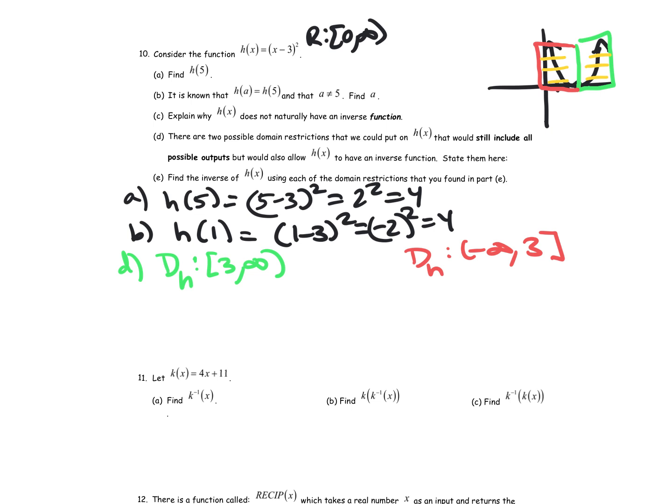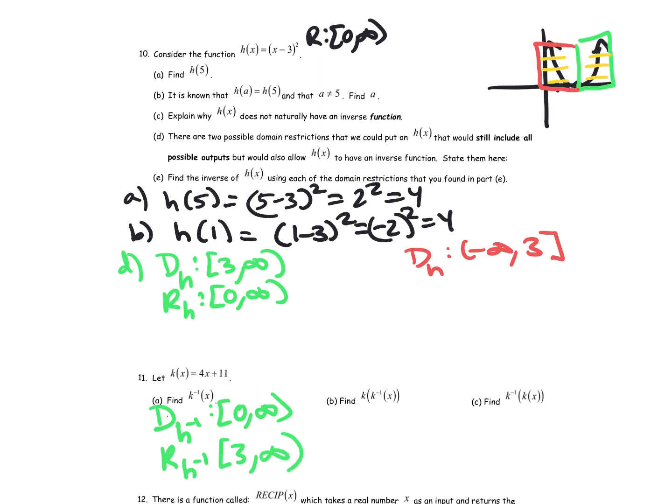With our restriction, the domain is 3 to infinity, and the range, as we said, is 0 to infinity. That means when I find the inverse, if I do it correctly, the domain of the inverse should be the range of the original, and the range of the inverse should be the domain of the original. So let's go about finding our inverse and making sure that works out.